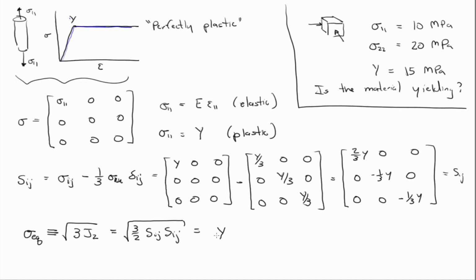So if I compute 3/2 Sij Sij, what I get is y squared. And so what we did was we defined this equivalent stress, and that's where the square root of 3 comes from. We defined this equivalent stress to be equal to y, the yield value, a scalar value.